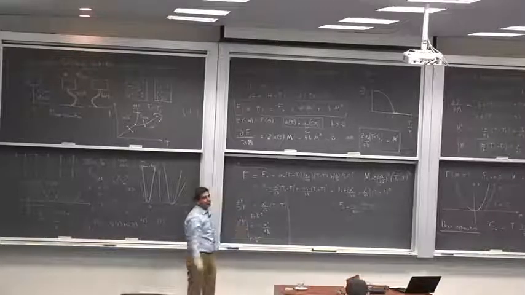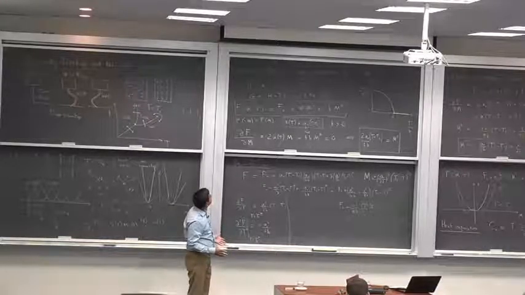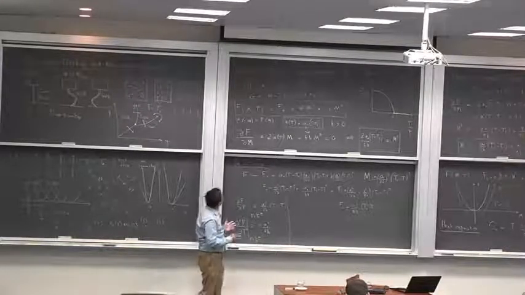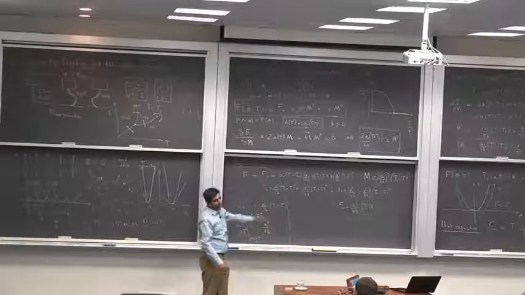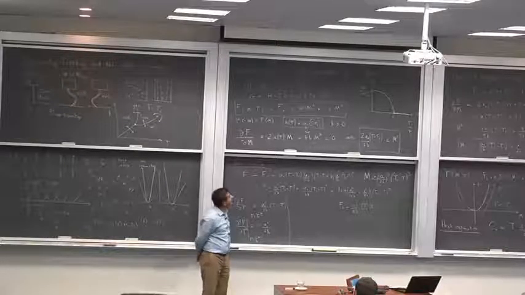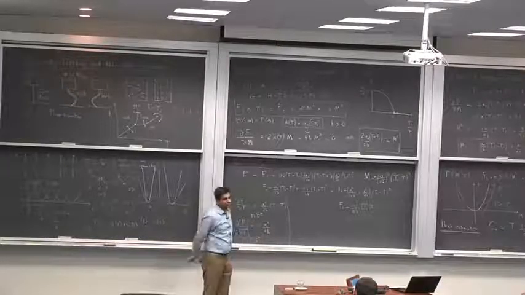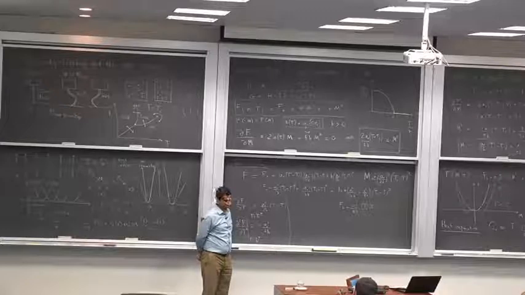Now above the Curie point, F is F naught because m is 0. So the derivatives are also 0. Alright.